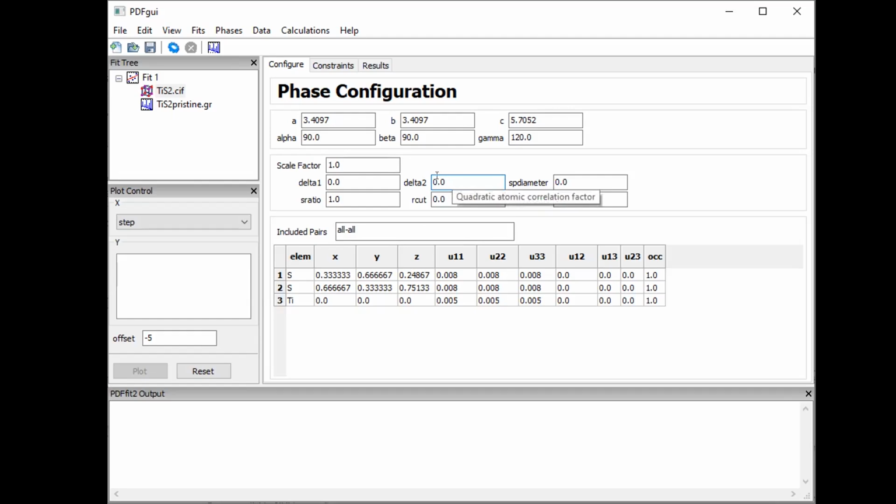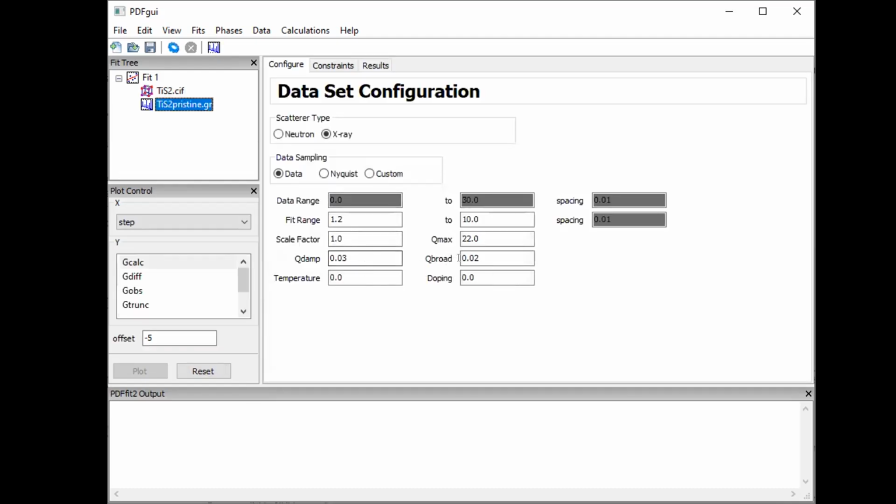Maybe I refine this last together with the atomic position, depending on whether the fitting is stable or not. And also remember, we still need to refine those 2 parameters. Even though they have the initial value obtained from the nickel fitting, they still need to be more accurate to really describe the specific PDF data of the sample.